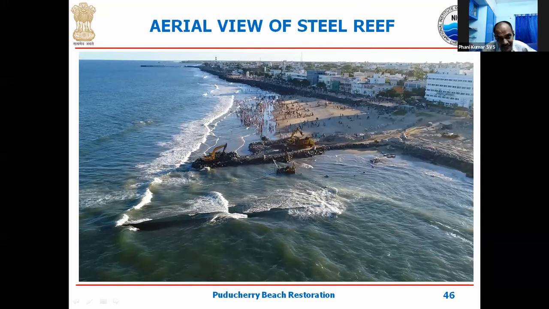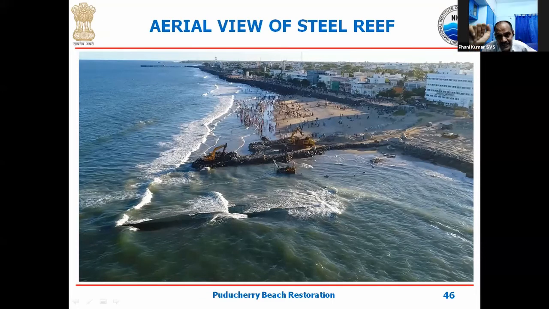And the submerged breakwaters that we are talking about will extend all the way up to the pier that you can see at the far end of the sea in this view. We are aiming to restore the beach between the submerged breakwater, the submerged reef here, and the piers at the far end.